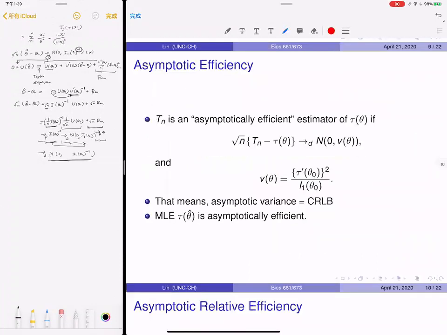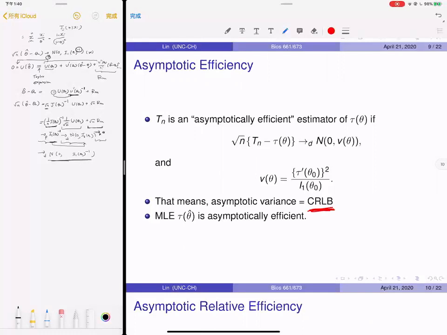Okay, which means that's asymptotically why MLE is so popular, because as long as the conditions are satisfied, actually it's a mild condition, then when n goes to infinity, the MLE is going to become asymptotically efficient, which means the variance of the MLE is going to reach the lower bound of the CRLB of MV unbiased estimators.